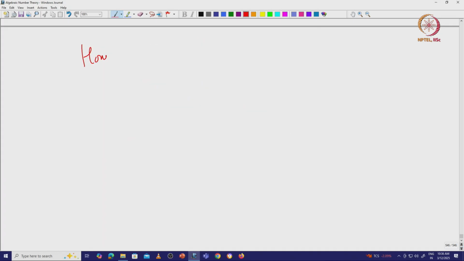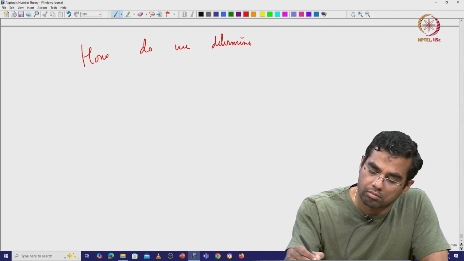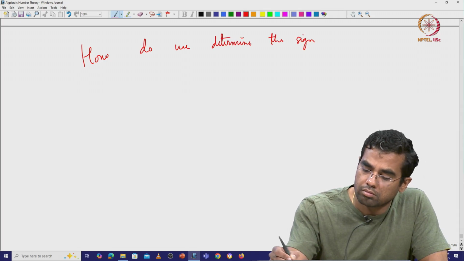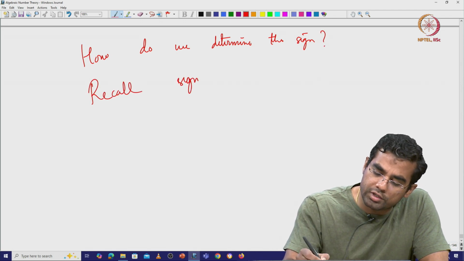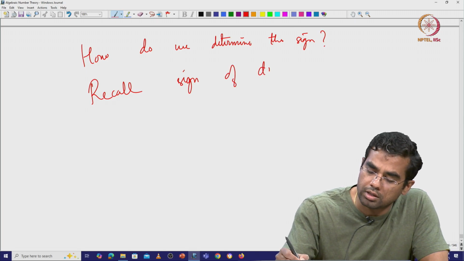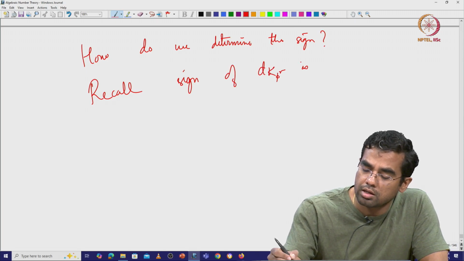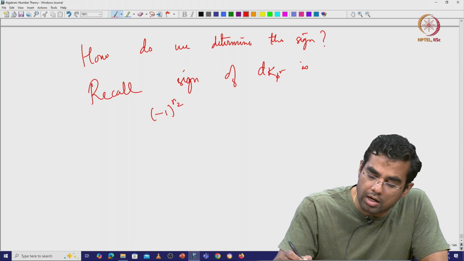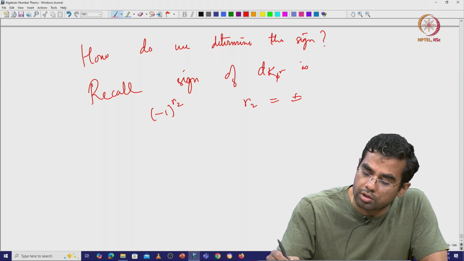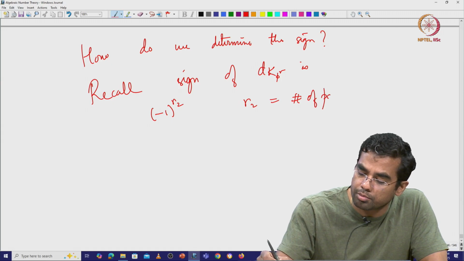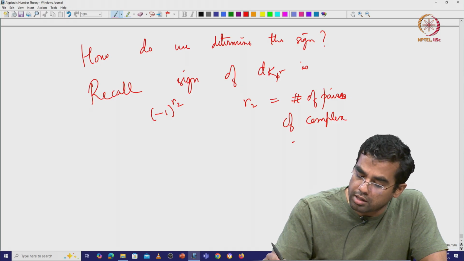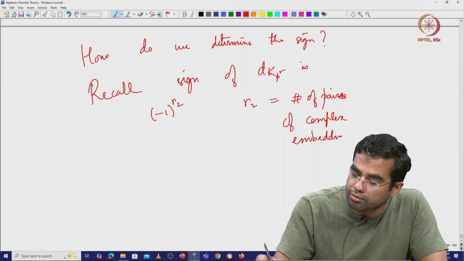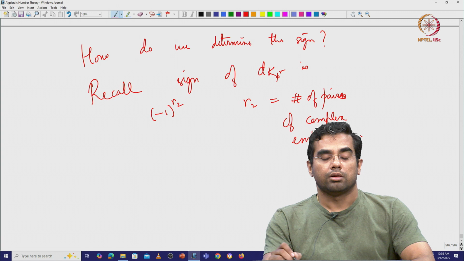So, how do we determine the sign now? Recall that, we proved this a long time ago, the sign of d_K for p^r is minus 1 to the power r2, where r2 is the number of pairs of complex embeddings, which is also equal to the number of complex places, right.